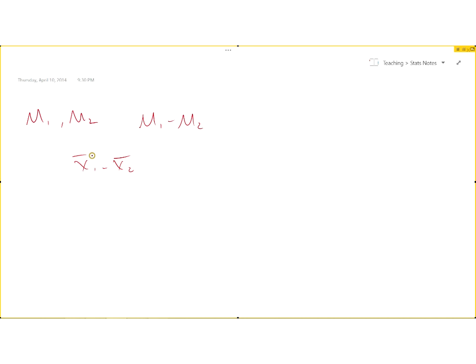They don't have to have the same sample size. That will follow similar to what we had before, a normal distribution with a mean of mu1 minus mu2. And this is a nasty standard error formula, which I'm not even going to bother to put here, because you're going to do it on the calculator.